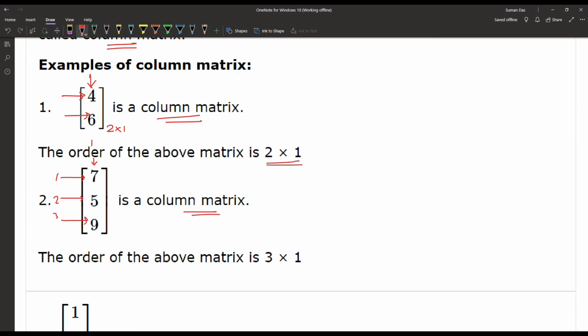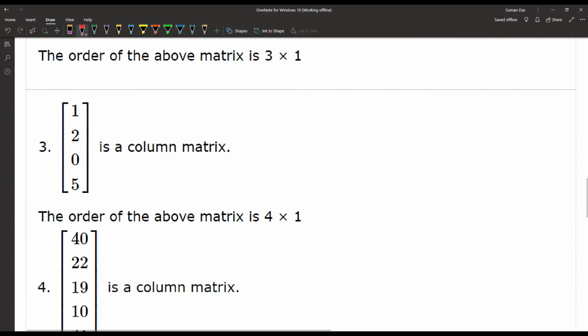So that is also a column matrix and the order is 3 cross 1. As usual, for the next example, the number of rows is 4, but the number of columns is only 1. So that is also another example of a column matrix and the order is 4 cross 1, because 4 rows, 1 column.